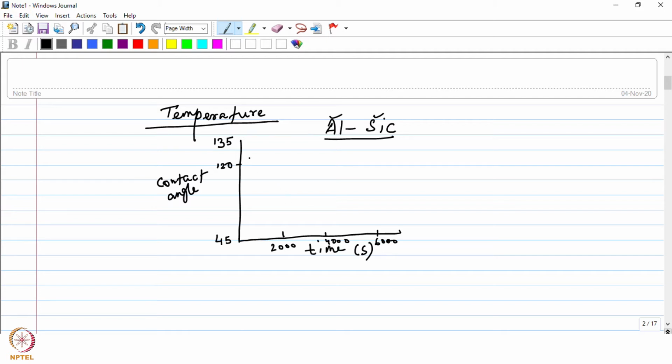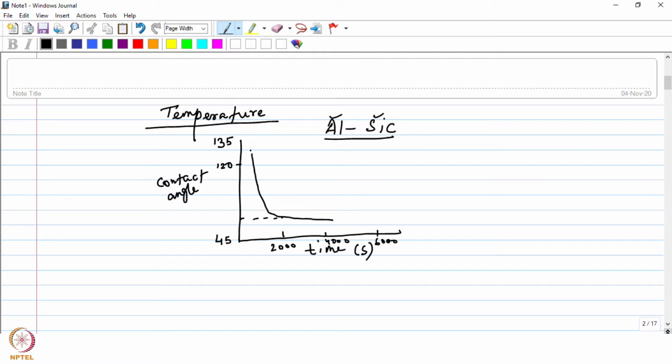So as you increase the time, the contact angle will decrease, and eventually at a particular time it will level off. Okay, so it will vary something like this. And what is the final contact angle? That is the contact angle when it is leveling off. That would depend on the temperature.